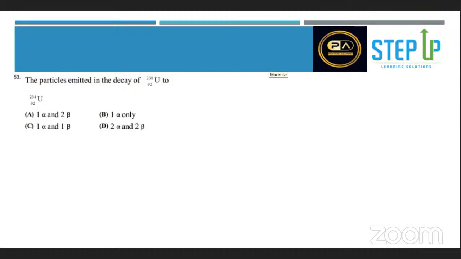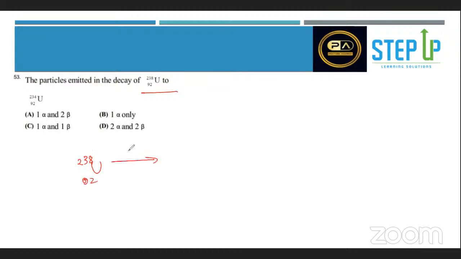Reaction, what we have said is B. One alpha particle. Now you can see that we have uranium, 238 and 92.